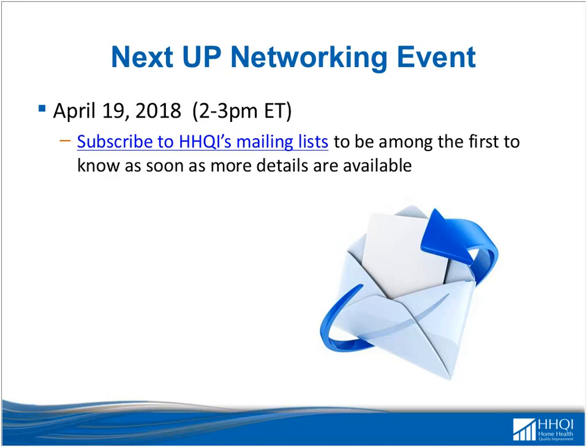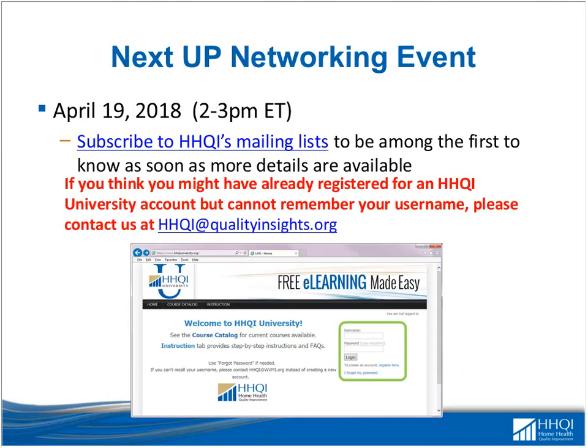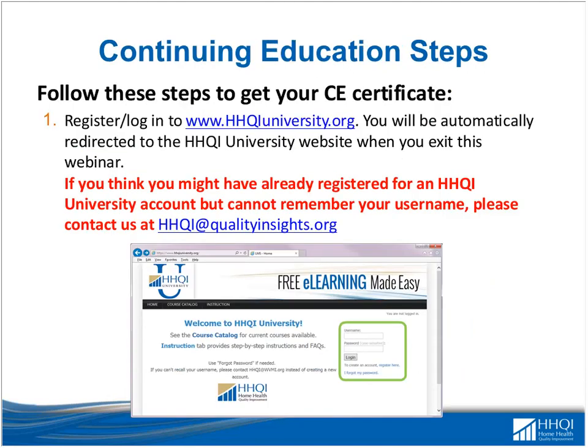Continuing education. As I promised, here are the steps if you are interested in obtaining the CE certificate for today's session. Now, I'm going to tell you in advance, this looks complex. If you have not done it before, trust me, it's simple. Just take the slide with you when you go to the university. The first thing you want to do is go to HHQI University and either register or log in. If you think you already have an account, but you can't quite remember, just contact us at HHQI@qualityinsights.org.